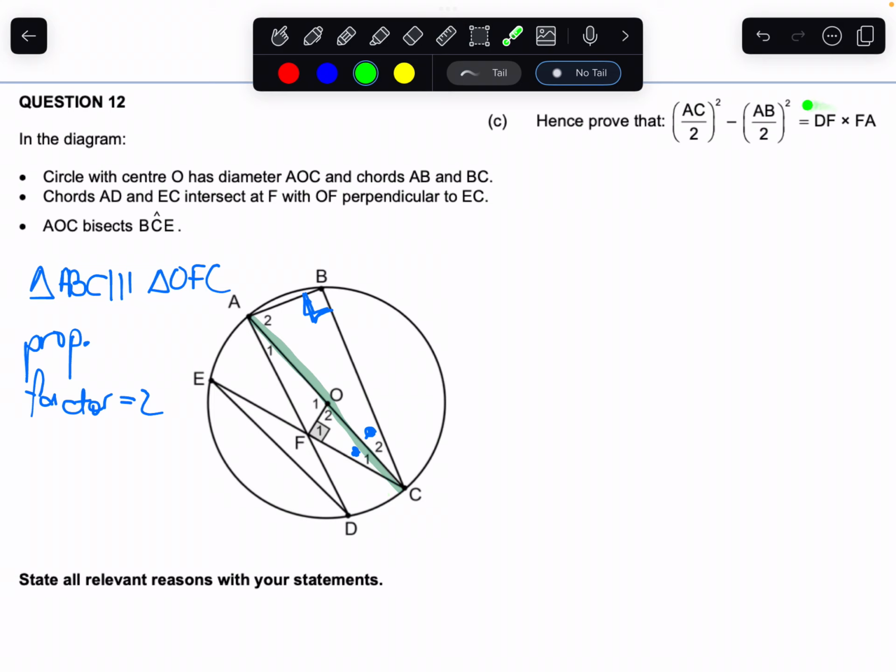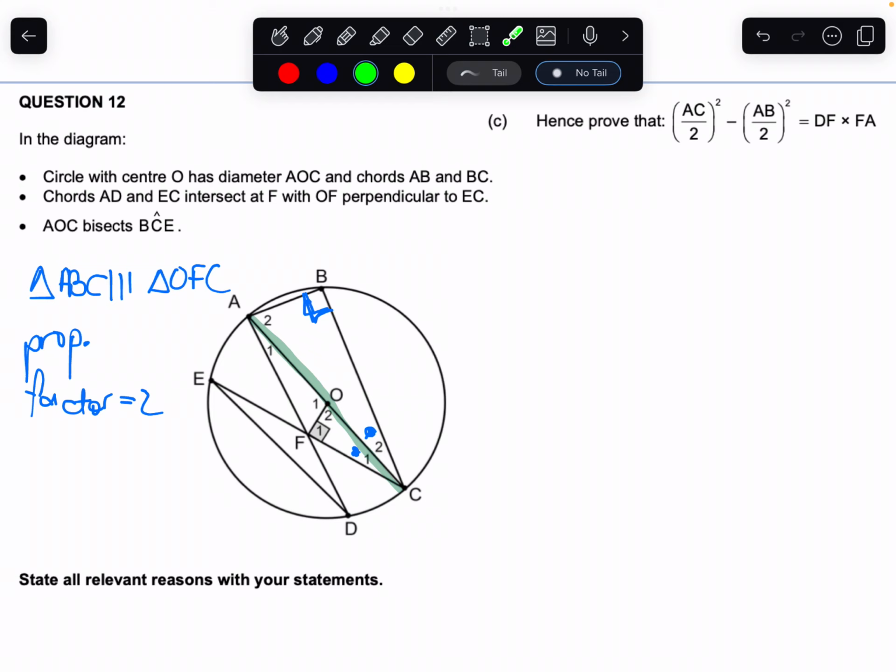But then there was a plot twist. On this side, we don't have CF, we have DF times FA, which is hinting to me that the product of these two is probably equal to this squared.